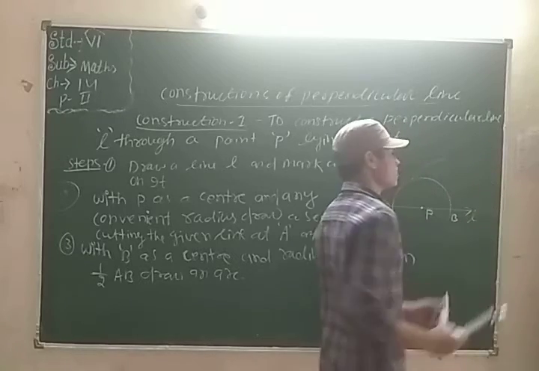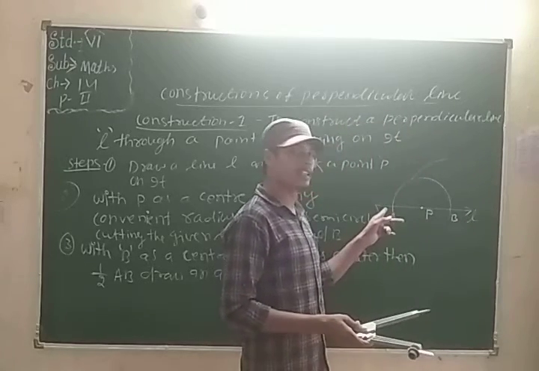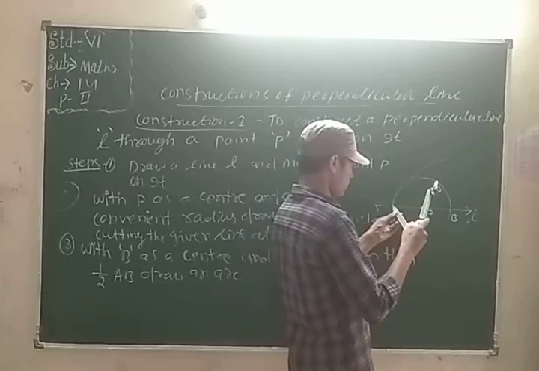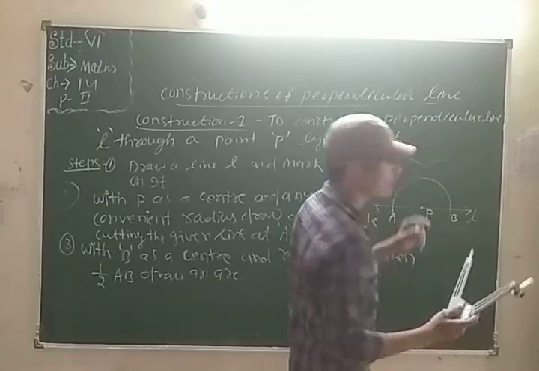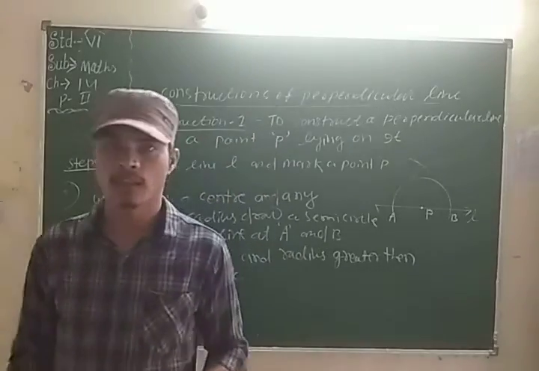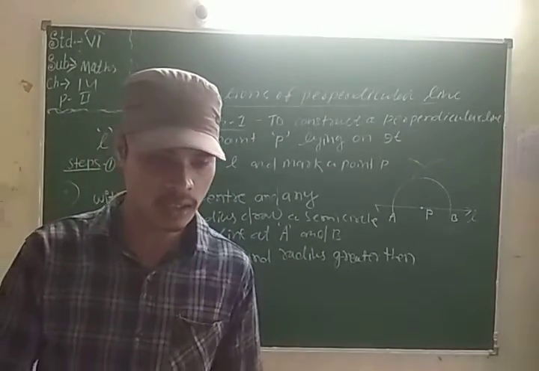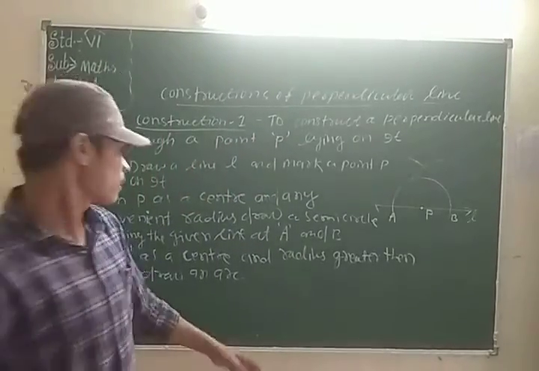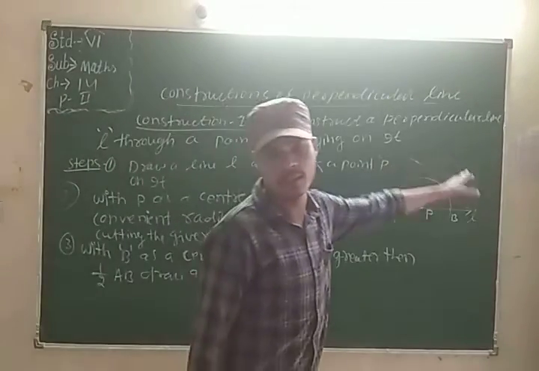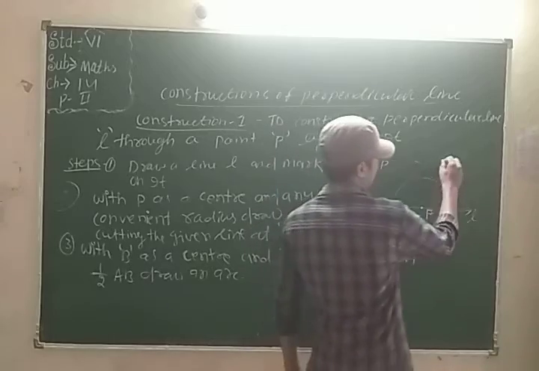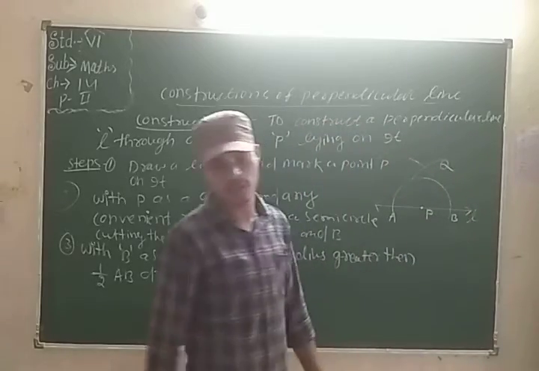Now we take A as the center and draw another arc. Both arcs intersect each other. With A and also B as centers, we get a new point, and we give it the name Q.